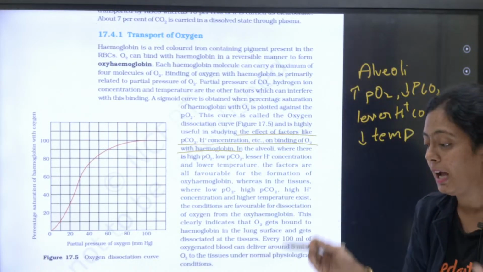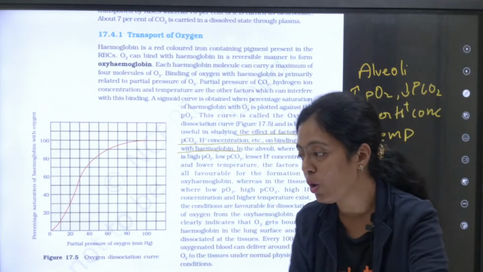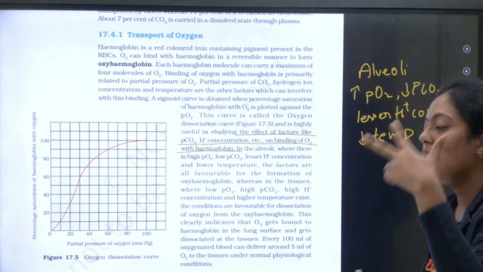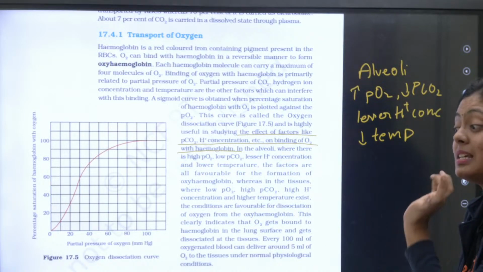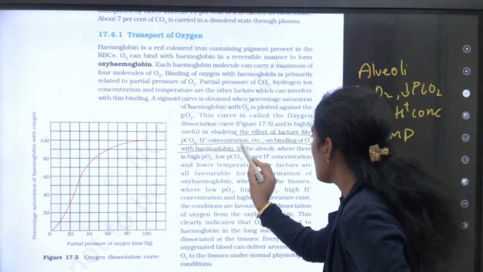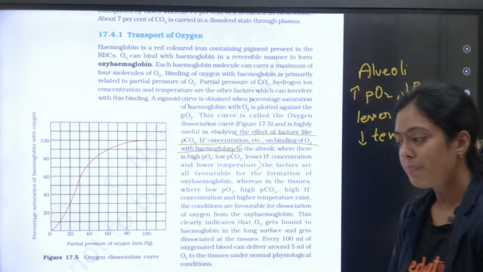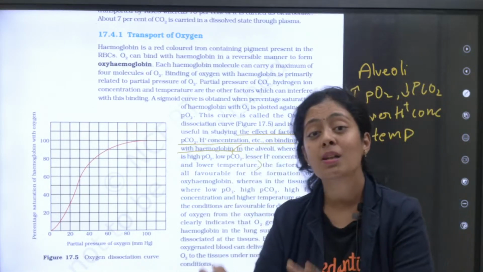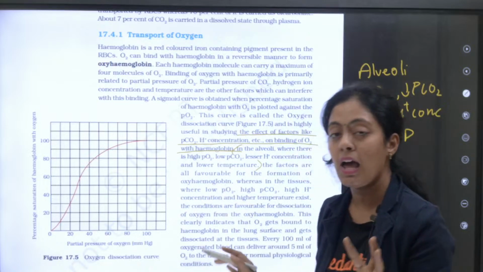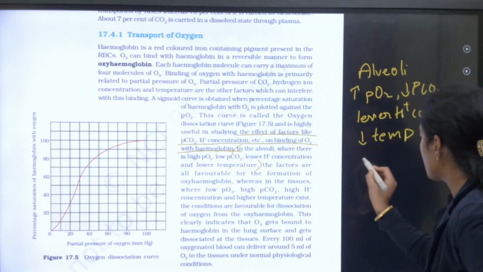So learn this by heart. High PO2, low PCO2, lesser H plus ion concentration and lower temperature. This is in alveoli. And these factors favor the formation of oxyhemoglobin, guys.